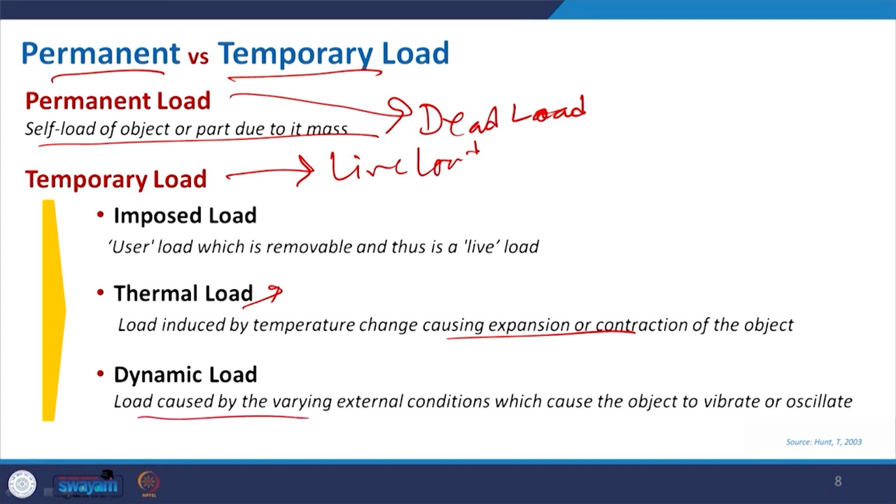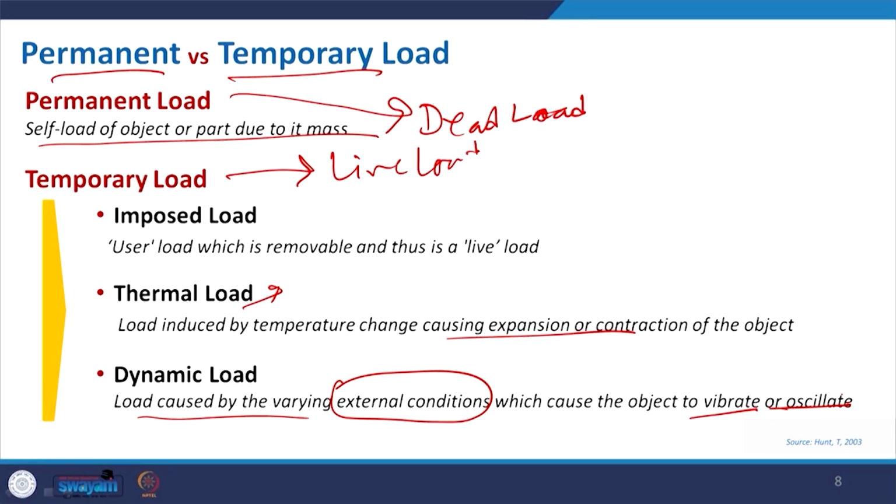Dynamic load is load caused by varying external conditions. It may be due to rain, flood, snow, wind, or maybe an earthquake. All this oscillation and vibration that creates load comes under dynamic load.